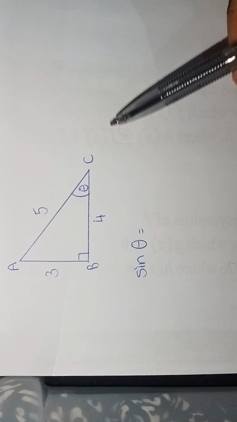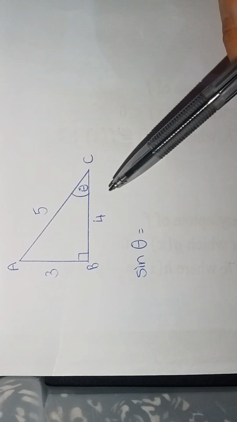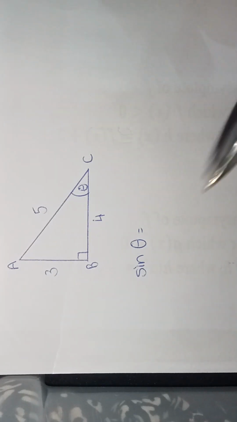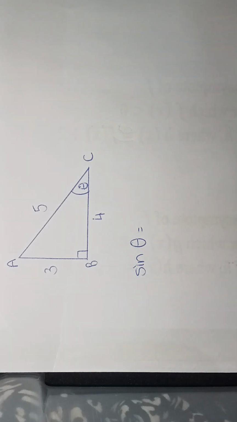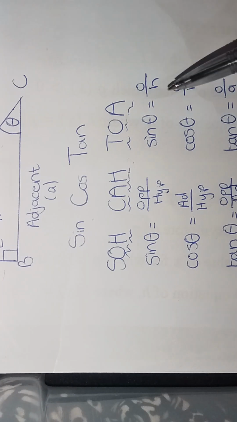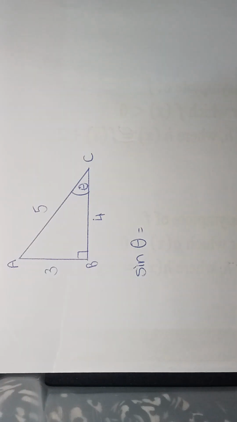Not determine the magnitude or find the value of theta. They just want to know, in relation to this triangle, what is sine theta? Now, remember, sine is our opposite over our hypotenuse.